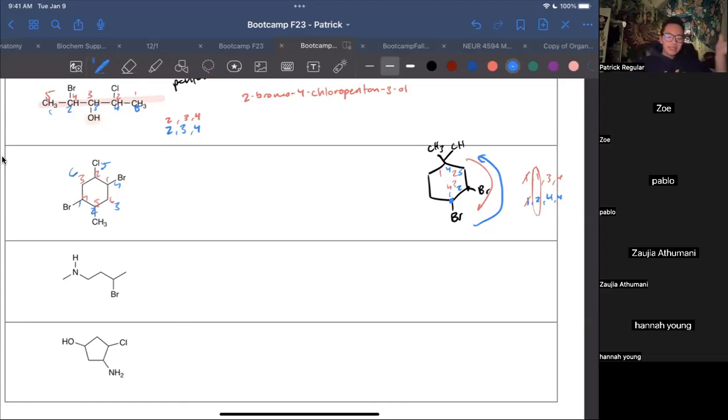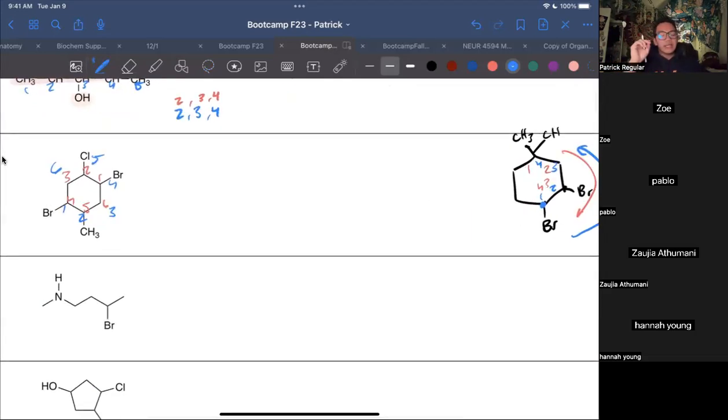And if we look at this, the numbering scheme would be symmetrical. I'm not saying the compound is symmetrical, but I'm saying the numbering scheme would be symmetrical. So I know in advance, if I were to draw all 4 different numbering schemes, I would obviously choose the tiebreakers that give me bromine as the lowest numbering scheme. So the 2 I did give you 2 out of the 4 possible numbering schemes that are preferable.